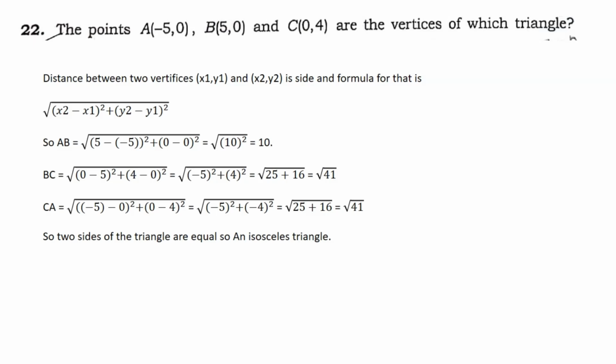The formula for the distance between two points is root of (x2 minus x1) whole square plus (y2 minus y1) whole square. By that formula we get AB as 10, BC root 41, CA root 41. So you can understand two sides are equal but not 3. If 3 sides are equal it will be an equilateral triangle, but here only 2 sides are equal. So the triangle is an isosceles triangle.